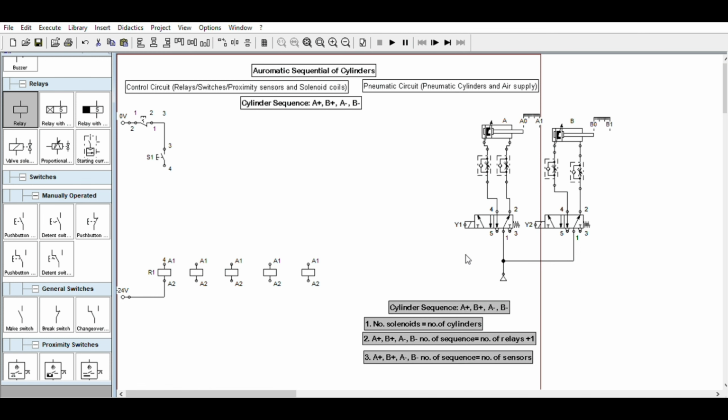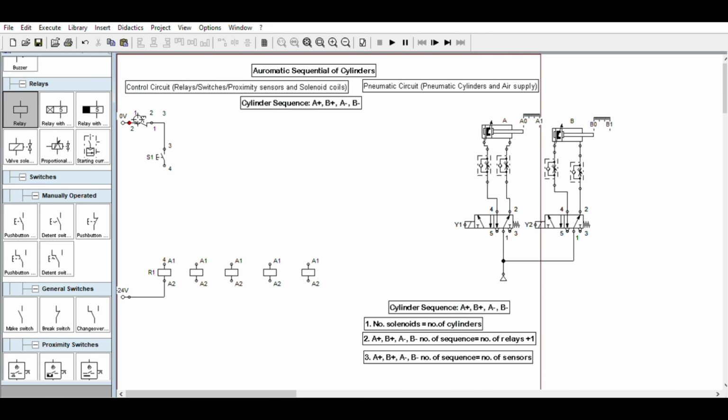Okay. You have to determine the cylinder sequence, number of solenoids, number of sensors, number of relays. We will add some later. That is the emergency stop. You can add a circuit breaker if you want.